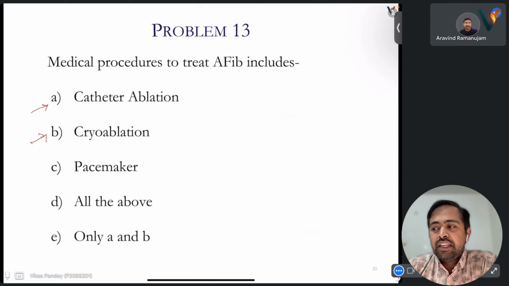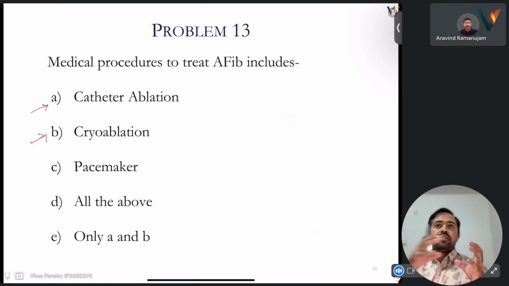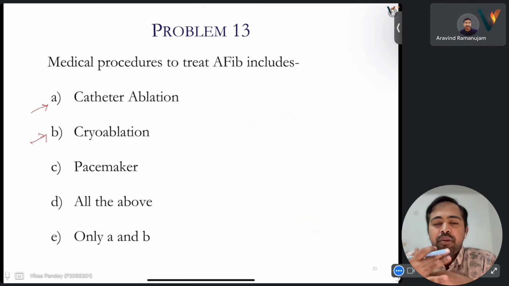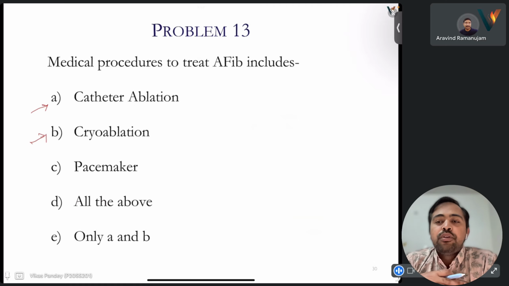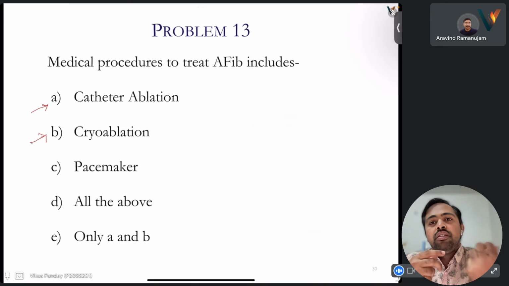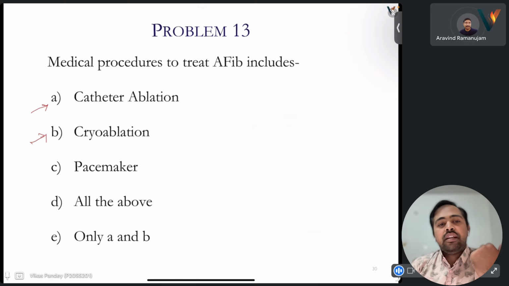But in case these two are not enough, like it is in some advanced stage where we cannot just suppress the signal that is coming out, the electrical impulses we cannot control using catheter ablation or cryoablation. In that case, we have to replace the SA node, the sinoatrial node, that is the one giving these electrical signals that is misfiring, and in that case we go for a pacemaker. Yes, sir.